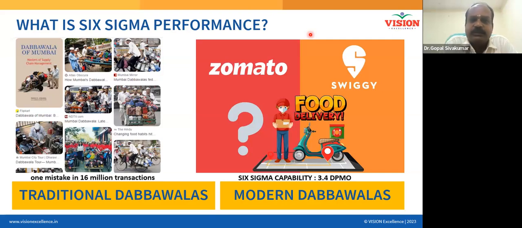If the DPMO is found to be lesser than 3.4, which means only 3 or 4 defects can happen out of 1 million opportunities, that is 10 lakh opportunities, at the max, 3 or 4 defects will happen. Such a performance is known as Six Sigma performance. The definition is based on a metric, DPMO.